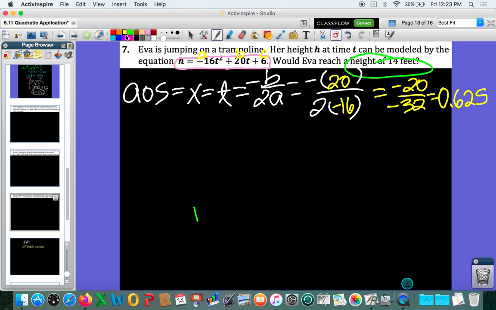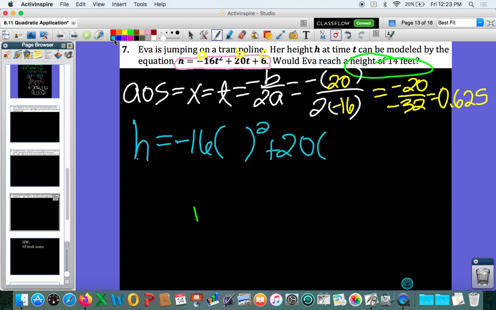I'm going to take that and plug it into my equation. I want to know what the highest she can go is. So I'm just going to leave it at h and see what happens. So height equals negative 16, parentheses, leave that for what I'm plugging in. Let's hope I left enough room. 0.625, 0.625.